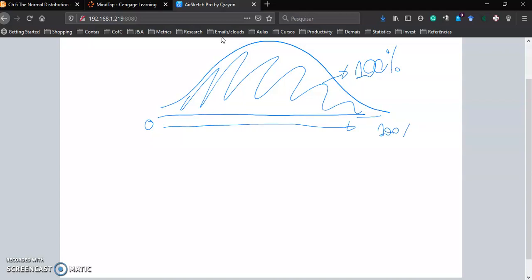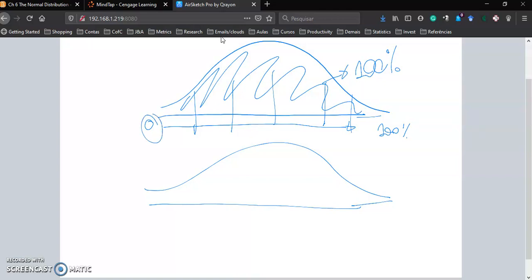If I say that I want no more than 10%, I'm going to draw another one here. Where is the 10% located? We know that if it starts at the lower tail with 0, 10% should be somewhere here.